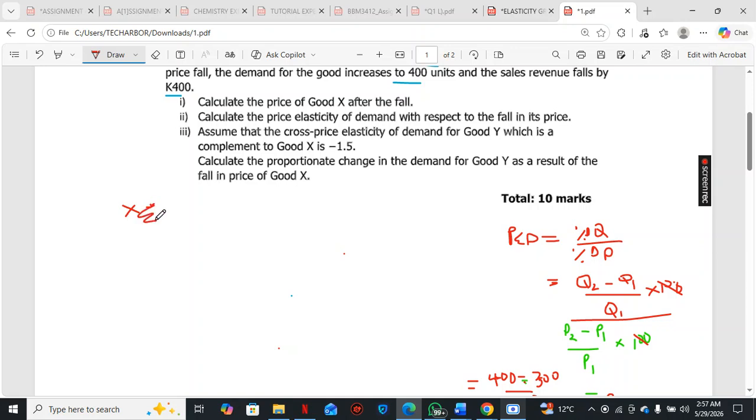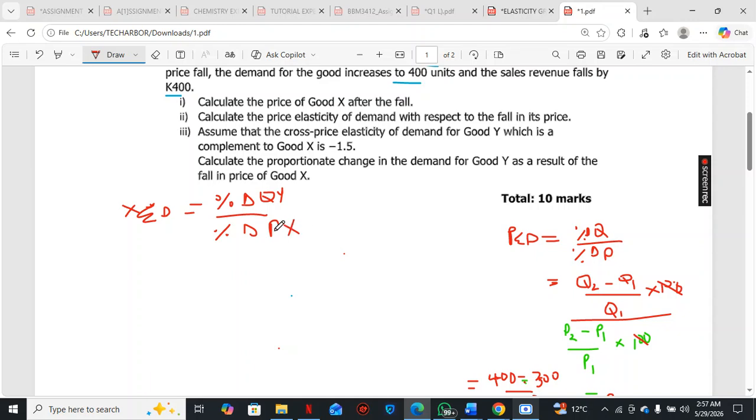The formula for cross price elasticity of demand is percent change in quantity demanded of good Y over percent change in price of good X. Here we already have our cross price elasticity of demand, which is negative 1.5.